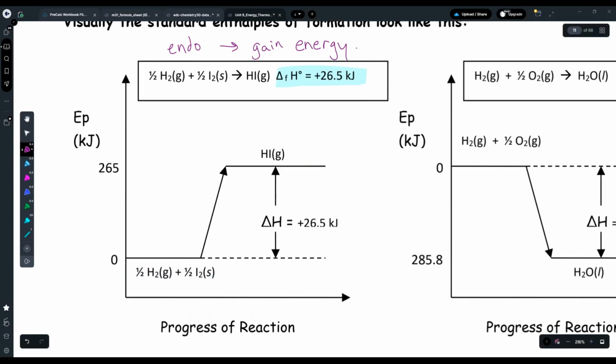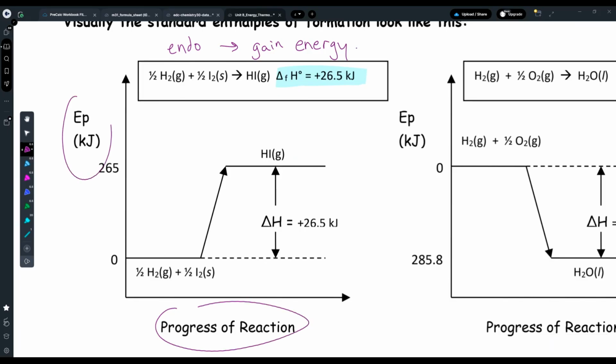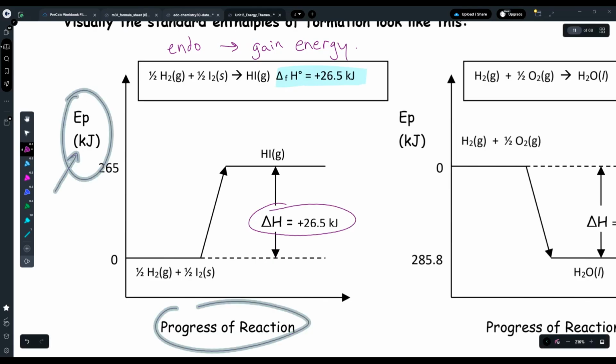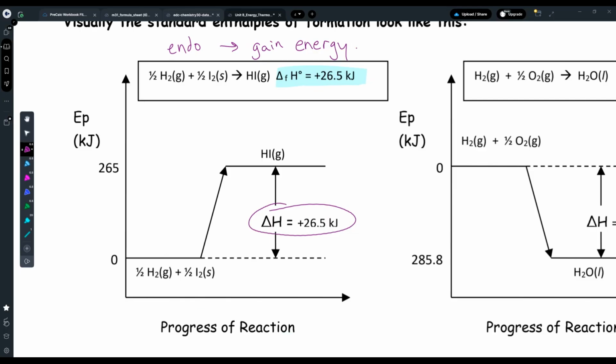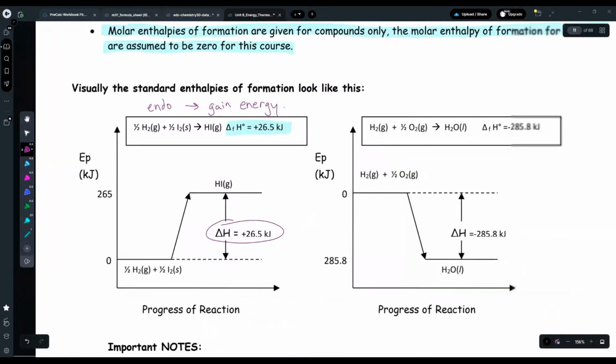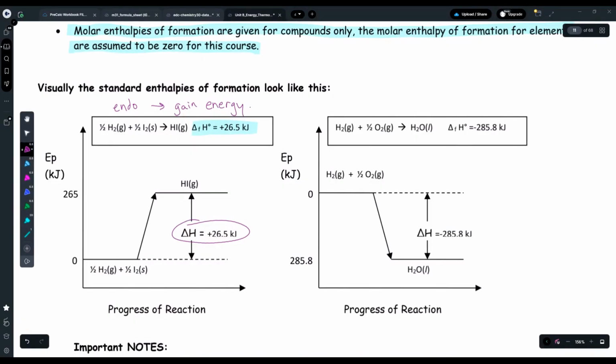We still have the x and the y axis labeled with units, as well as the change in enthalpy. Okay, so those are the key things you'd be looking for if you need to draw a potential energy diagram. For endothermic reactions, your products are always going to have more energy than your reactants.